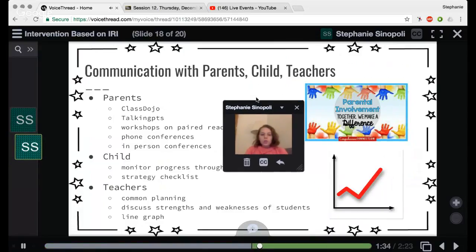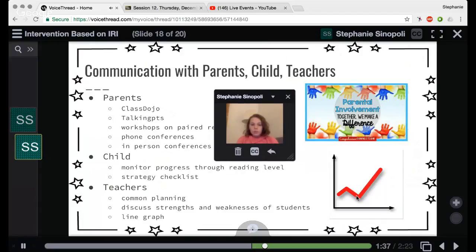Jackie will also be communicated with as well in monitoring her progress and to see how well she's doing. So Jackie will monitor her progress through knowing her reading level from Fountas and Pinnell, and she will also be given a strategy checklist to make sure that she's using the strategies she has been taught, such as questioning, monitoring for understanding, retelling, and more.